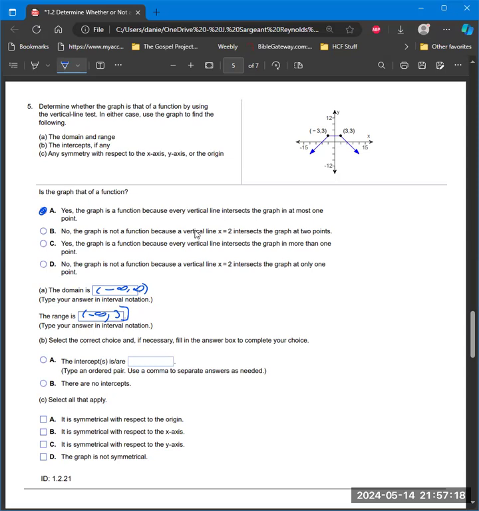Its intercepts are -2, 0, 2, 0, and 0, 3. Oh, sorry, this is not 2.